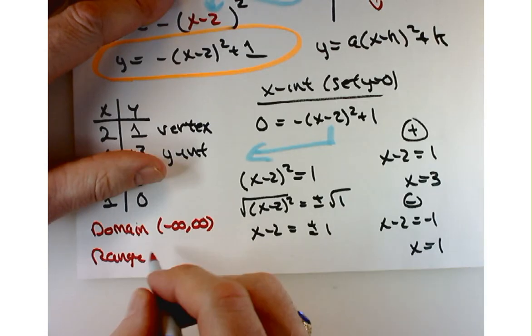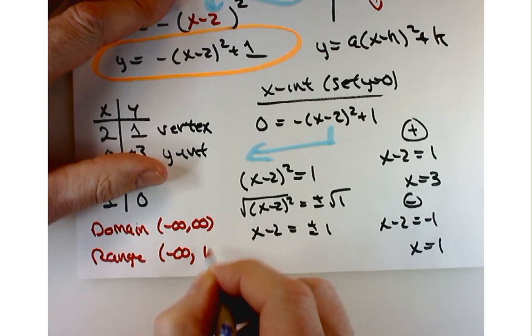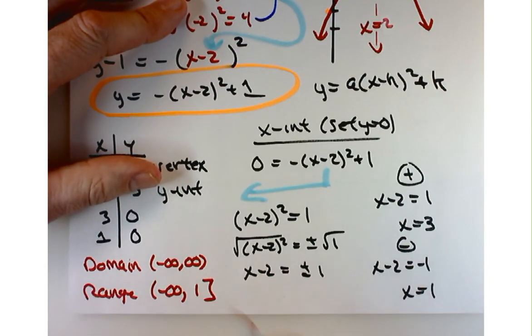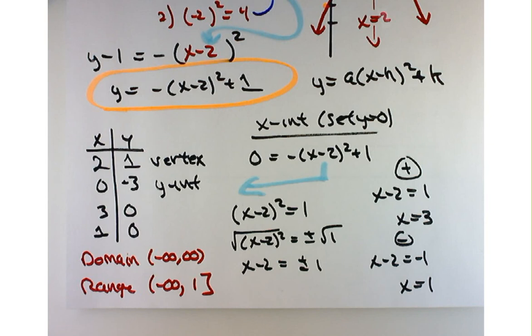Nice. Negative infinity to 1, bracket or parenthesis on the 1? Bracket, nice. That's a nice little detail that will earn you an extra point if you have that correct there. Thank you, gentlemen. All right, a lot of work there on this first example. I'm hoping they're going to go faster as we move through these.